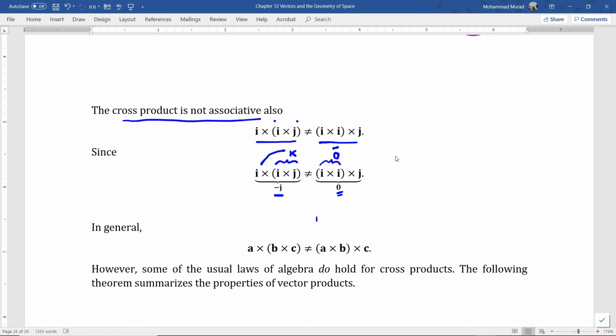In general, the cross product is not associative. It is shown here: A cross B cross C is not the same as A cross B cross C. However, some of the usual laws of algebra do hold for cross products.